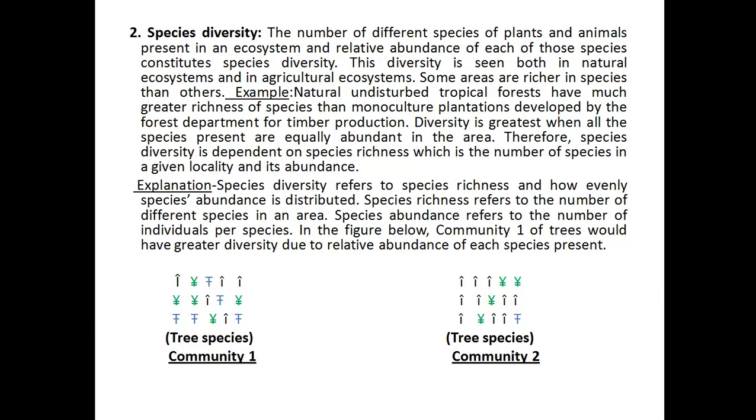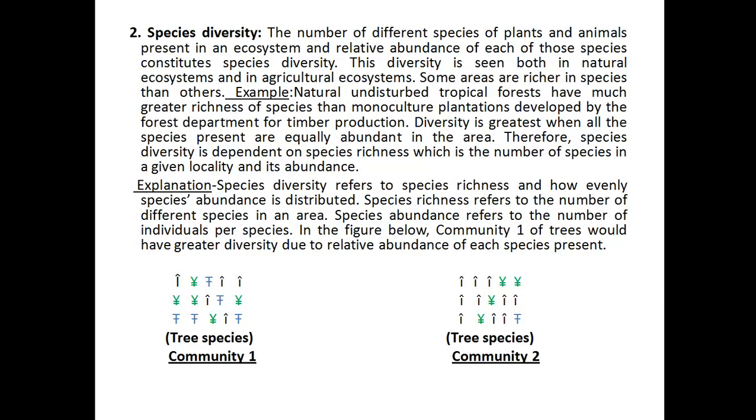Now let us look at the figure below, which consists of two communities. Community 1 has got 15 trees and community 2 also has got 15 trees. But if you look at the tree species, you can see that community 1 has got three species of trees. You can see the black, the green and the blue. There are 5 black trees, 5 green trees and 5 blue trees in community 1.